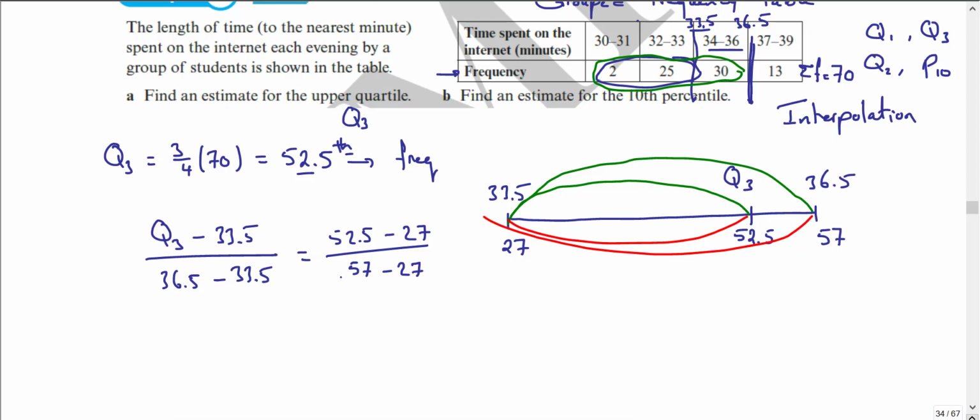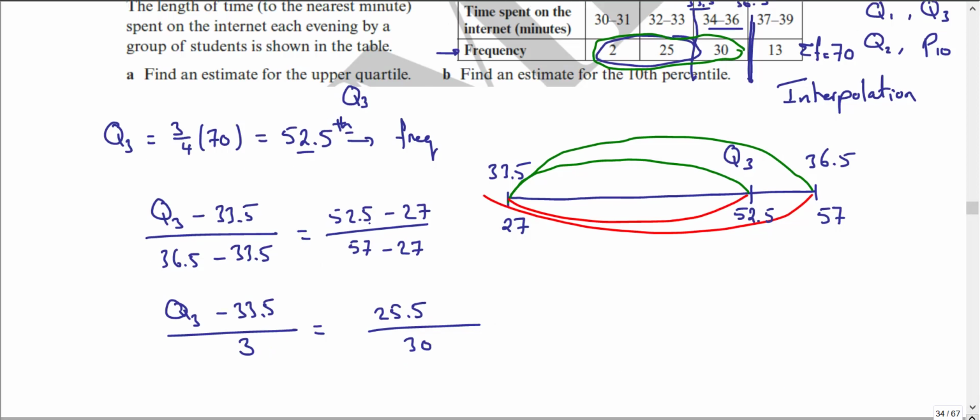Okay, now it's the time to simplify. You simplify the right side. It will be 25.5 divided by 30. Simplify it slowly with the calculator, okay? 52.5 minus 27 is 25.5. 57 minus 27 is 30.